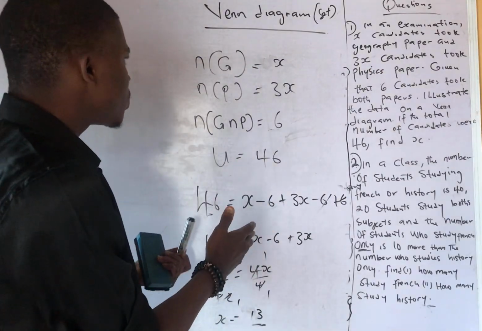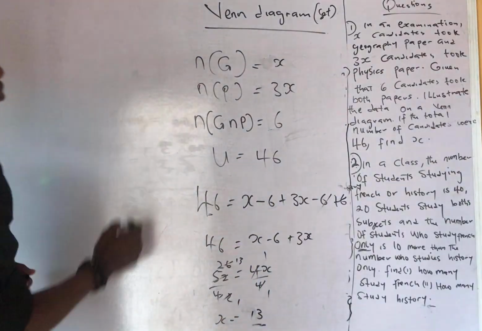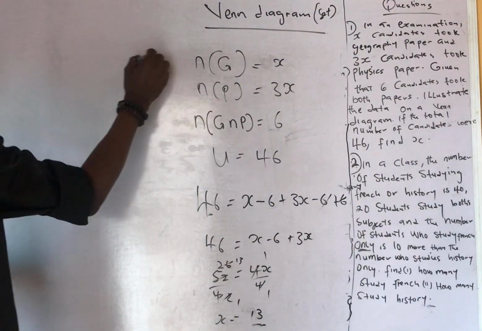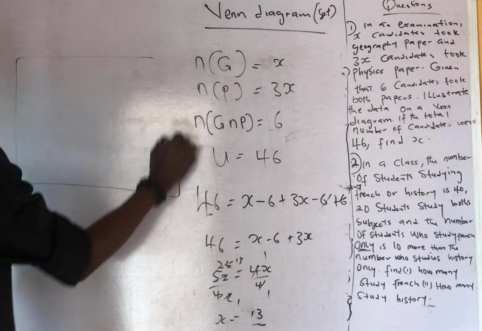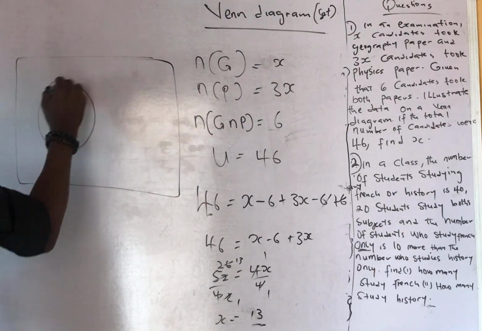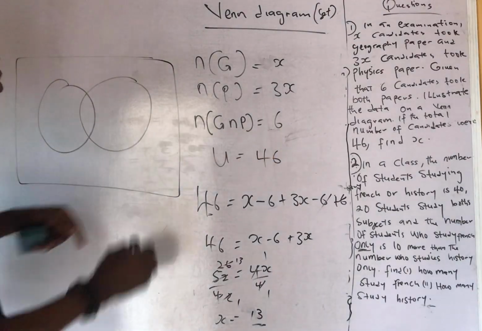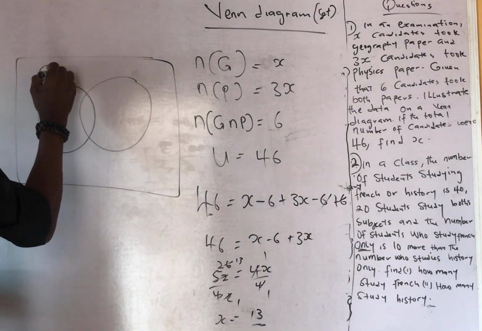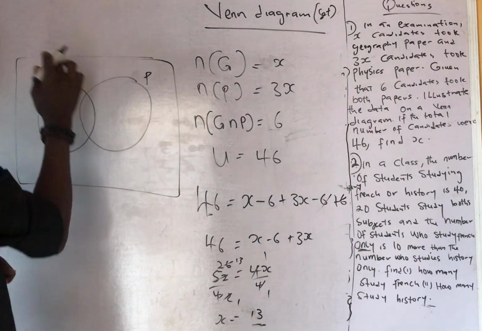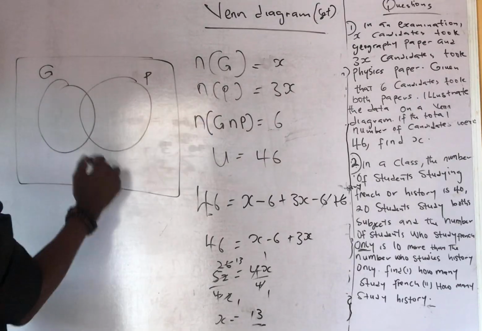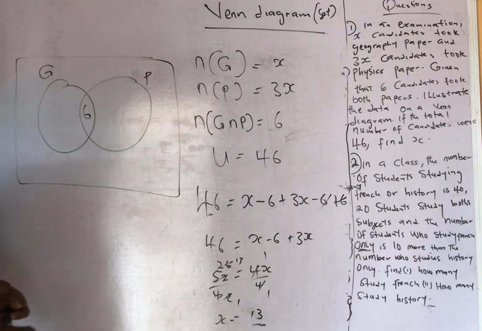Now let's represent everything inside a Venn diagram, which they ask us to do. Draw your Venn diagram. Since we only have two sets, we have this and this. This set is G and this is set P, that's geography and physics. People that took both, we put 6 here.